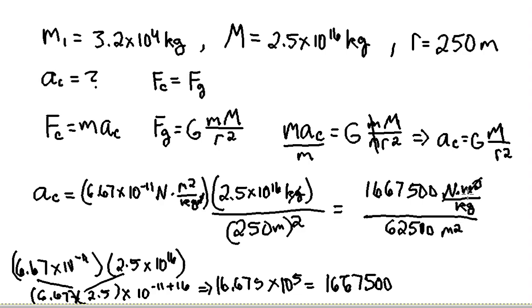That'll cancel out with these square meters here. So first I need to divide 1,667,500 by this 62,500. So this is way easier.